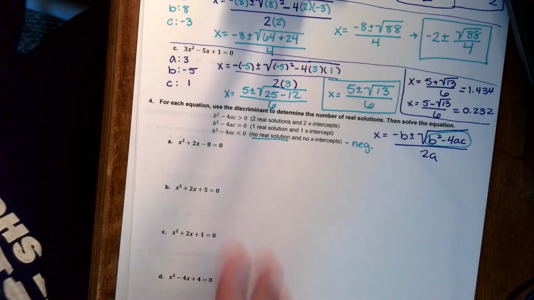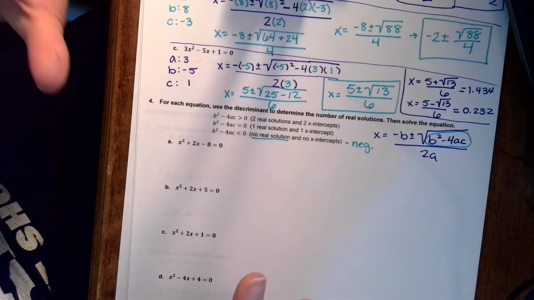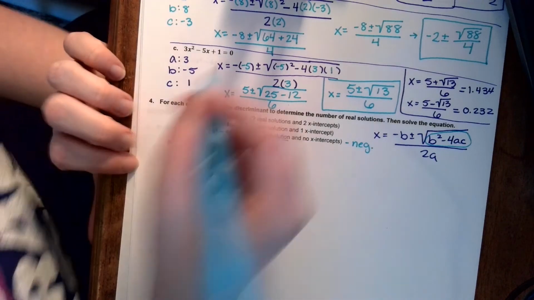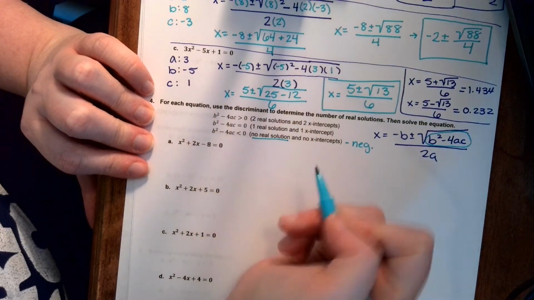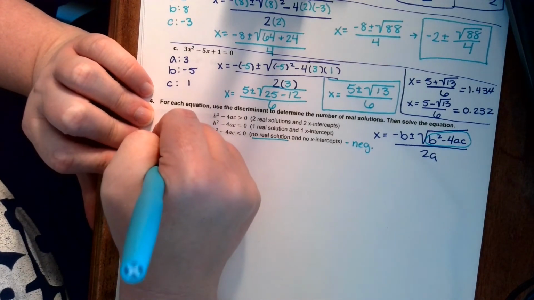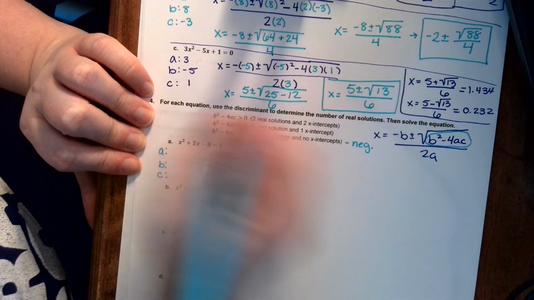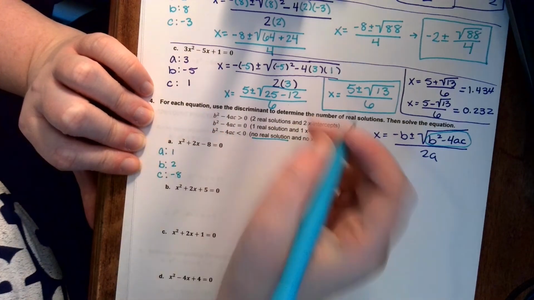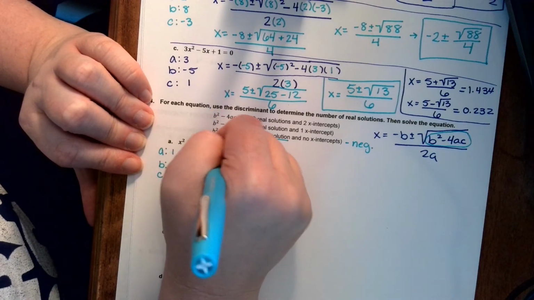So what we're going to do is use the discriminant first and figure out how many solutions, and then we'll come back, and if there are solutions, we'll solve the equation. So our discriminant is just b squared minus 4ac. So a is 1, b is 2, c is negative 8.